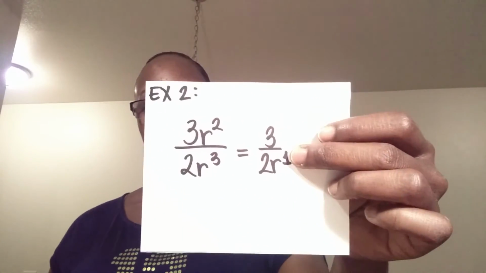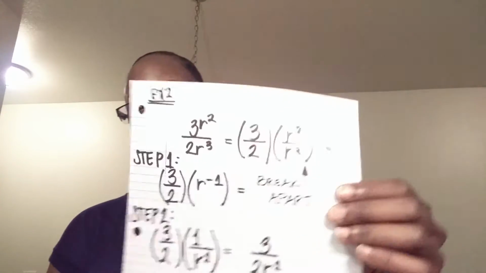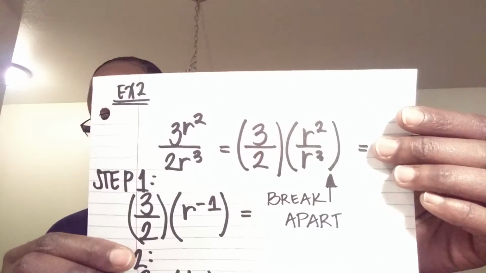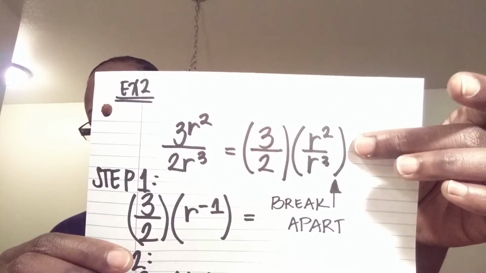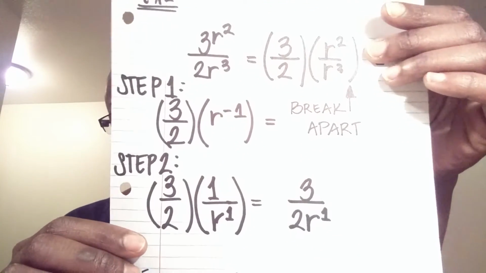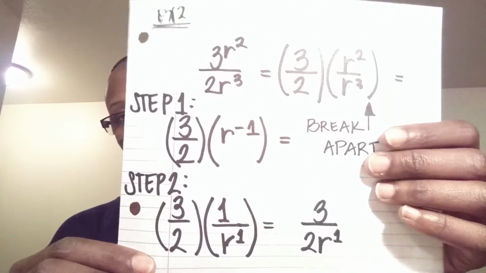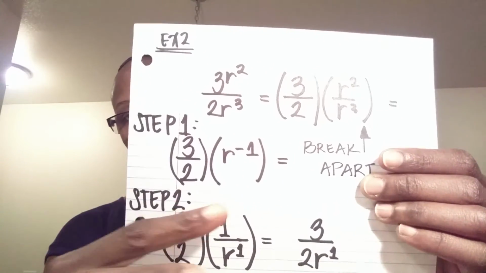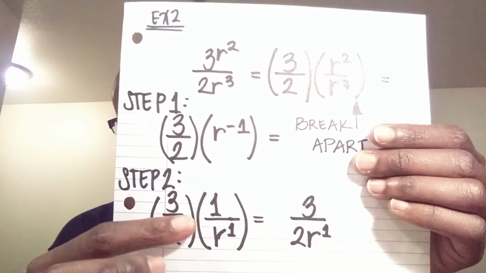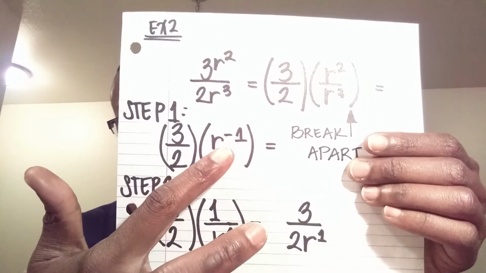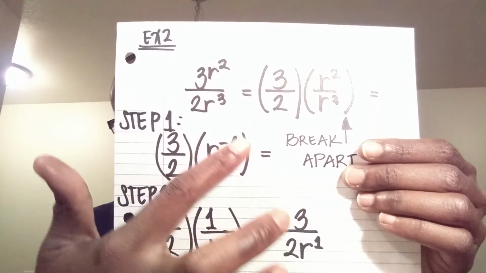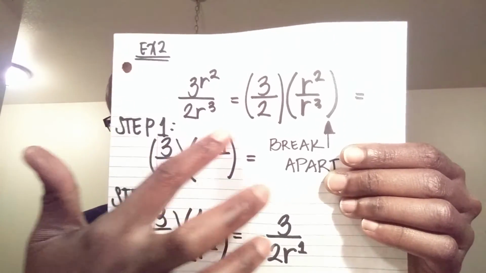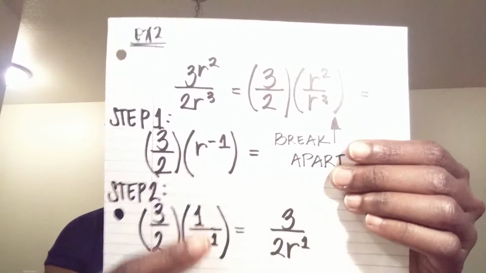And I'll show you exactly what that looks like right here. See the first step? We broke it apart where it says break apart. Step 2, after we got our broken apart equation, we multiply across because we put 1 over r since this is a negative exponent.